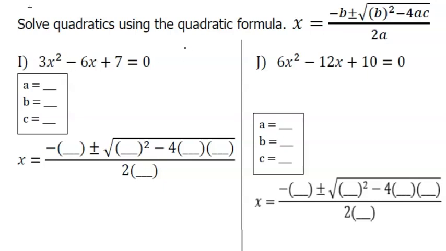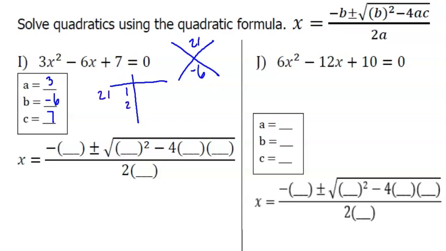like for example, if you look at this one, a is 3, b is negative 6, and c is 7. If we try to factor this, we would have 21 and negative 6. If we were to write the factored pairs of 21, the bigger number would need to be negative and the smaller number positive.